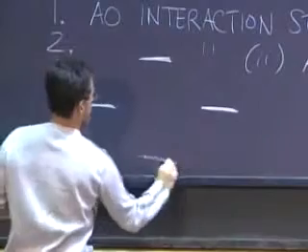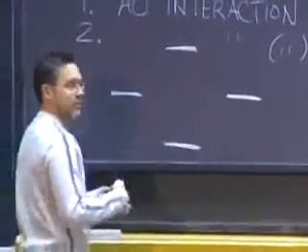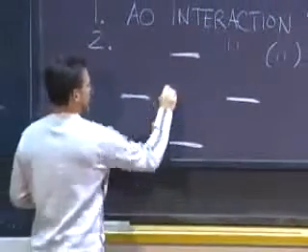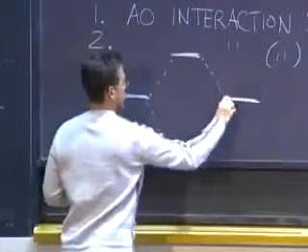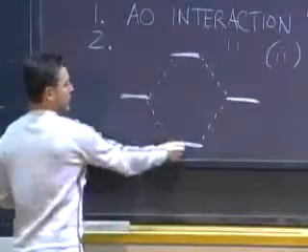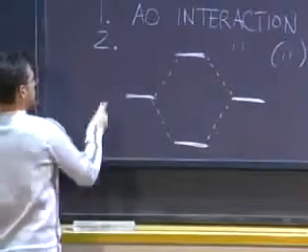This is the simplest of all MO diagrams and one with which you should be quite familiar. We have a bonding molecular orbital low in energy.